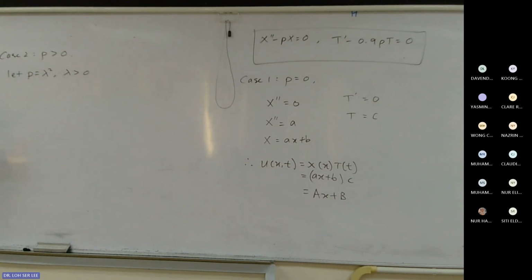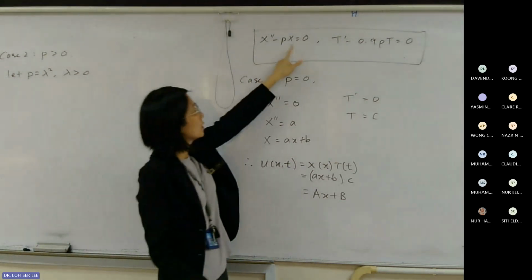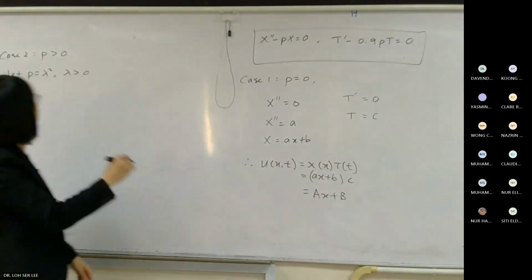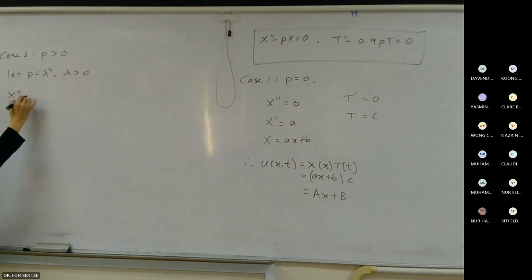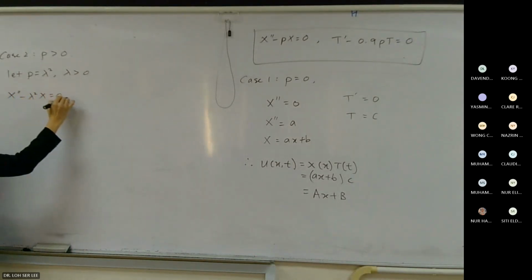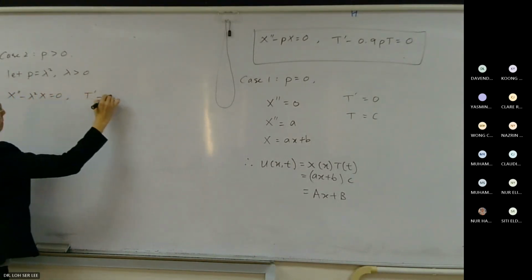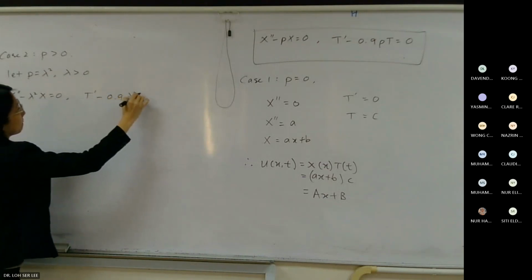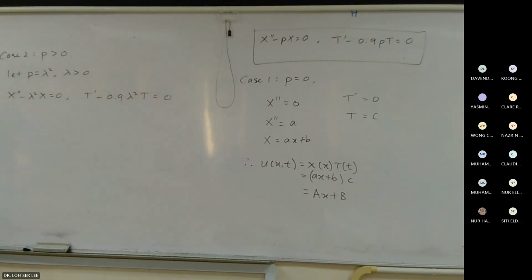So we substitute this into your P, lambda squared into this P and this P. Second order, we use the characteristic equation.